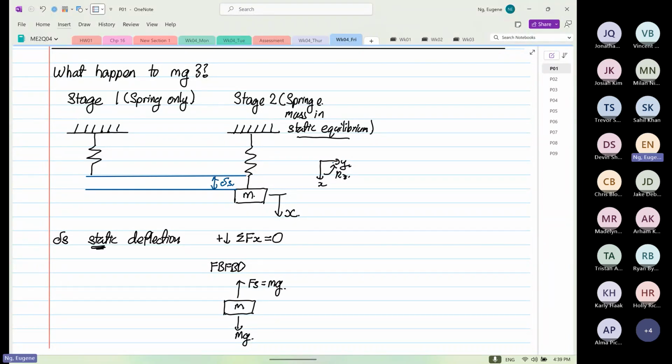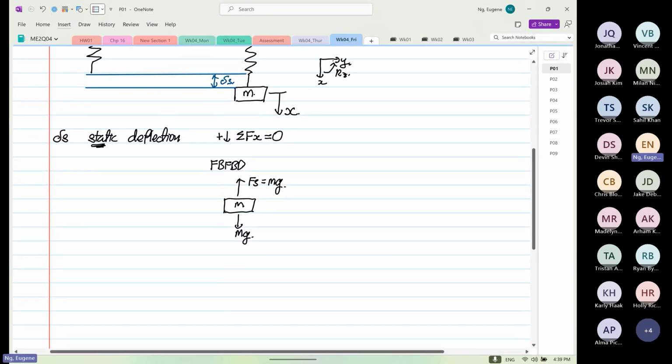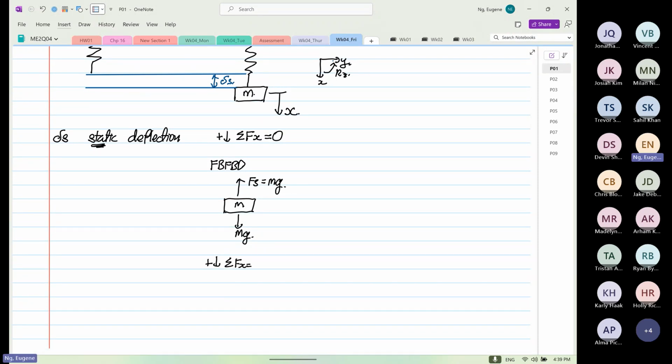Okay, right. So from here, the summation of forces in the x direction is equal to 0. Positive is coming down. So mg minus fs is equal to 0. So fs is also equal to mg. Are we clear? Okay. So it's supporting the mass.